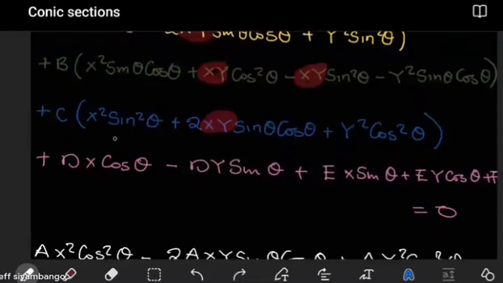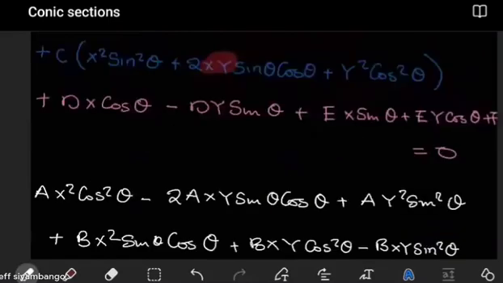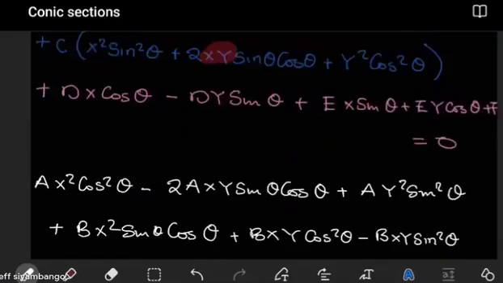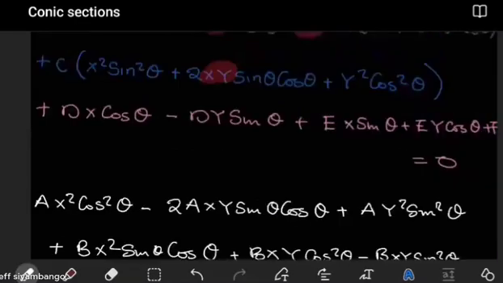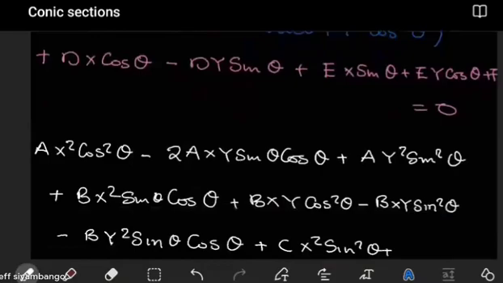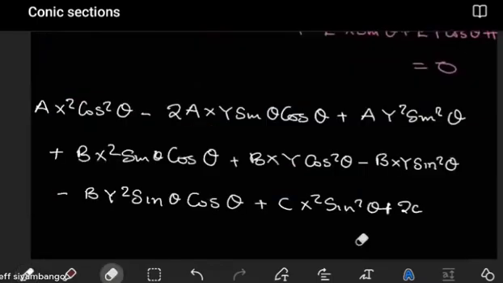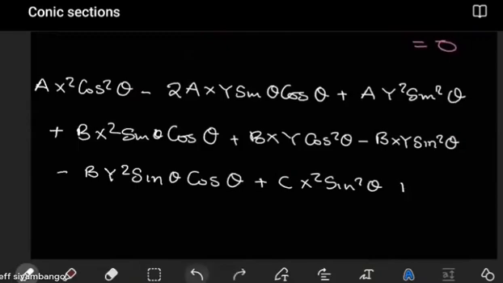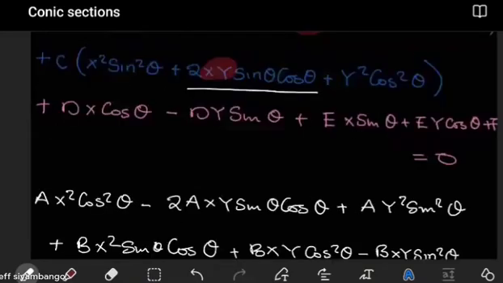Then we come to this one down here. C also goes inside, plus C, and that will be x squared sine squared theta, and then plus 2C. Then we have, where is that? Yeah, that's that term, that's the cross product. Let me write it properly. 2C xy, that's this term, sine theta cos theta.